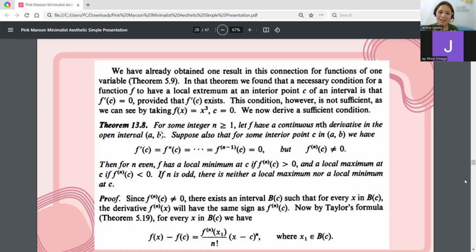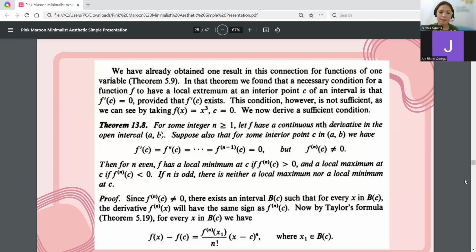Then for n even, f has a local minimum at c if f^(n)(c) is greater than 0, and a local maximum at c if f^(n)(c) is less than 0. If n is odd, there is neither a local maximum nor a local minimum at c.